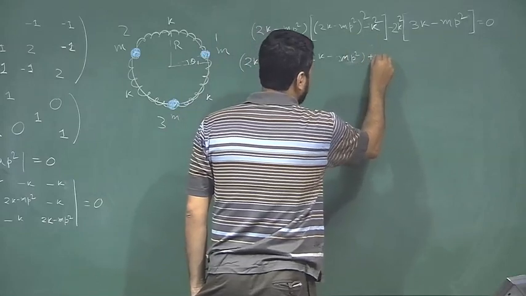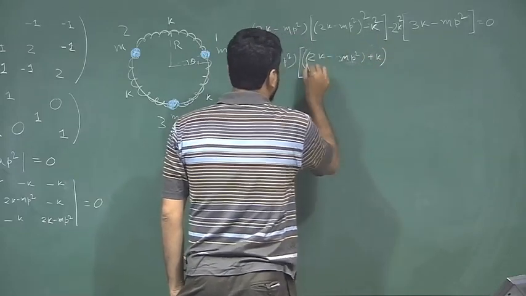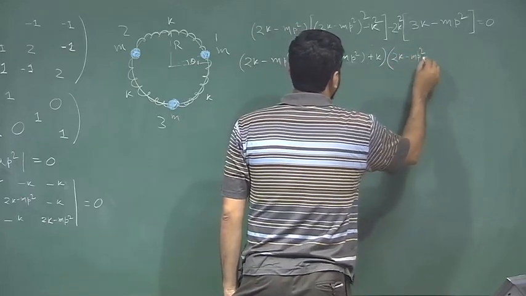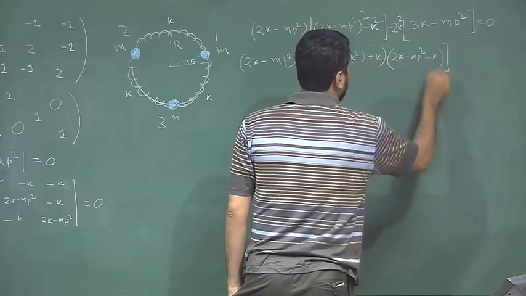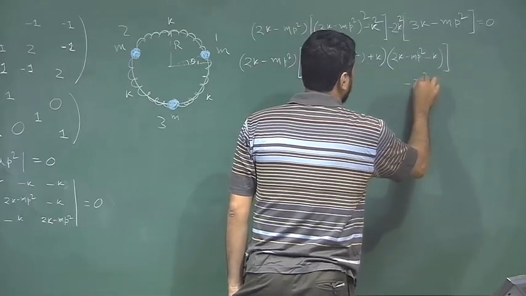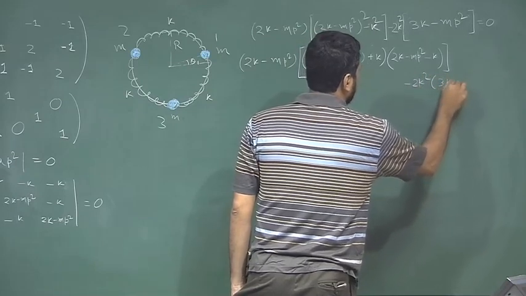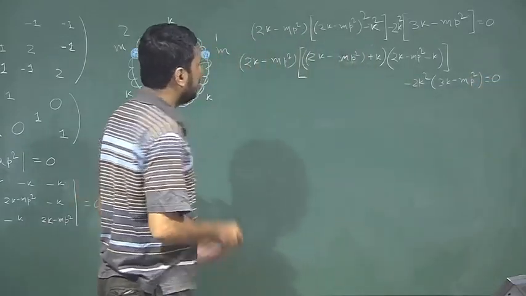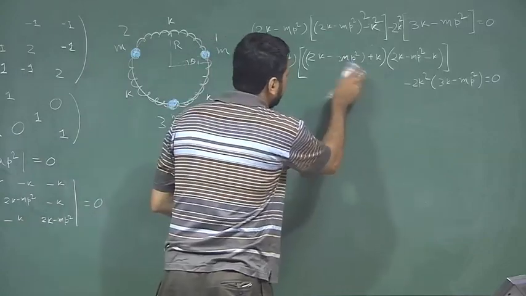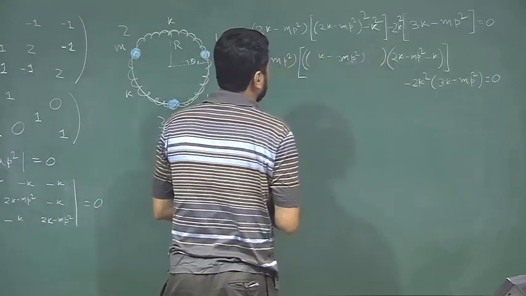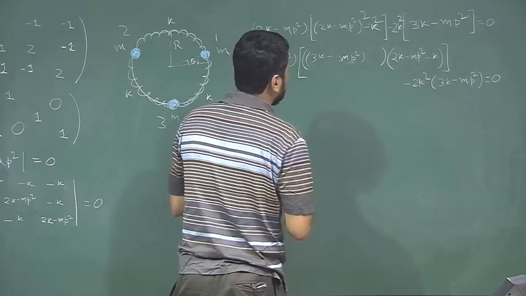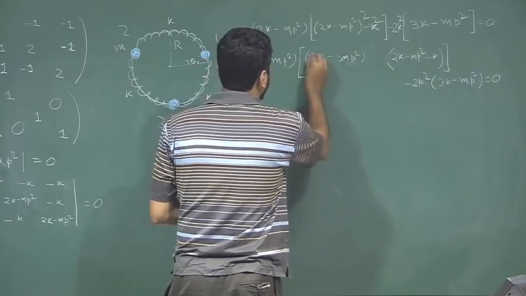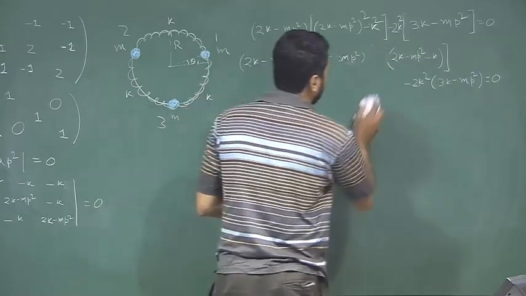So, this will be a plus b into 2k minus m p square minus k, right, minus 2k square into 3k minus m p square equal to 0. Okay. So, again we will see that this term will be nothing but 3k minus m p square, right, 3k minus m p square, and this will be k minus m p square.